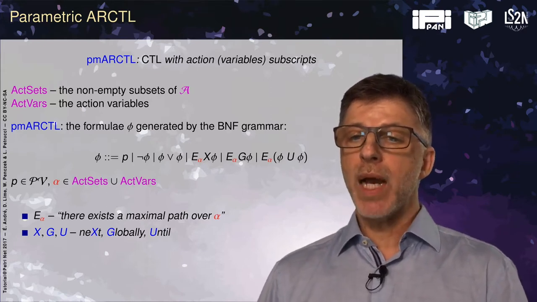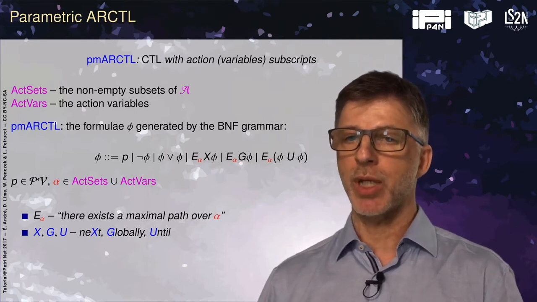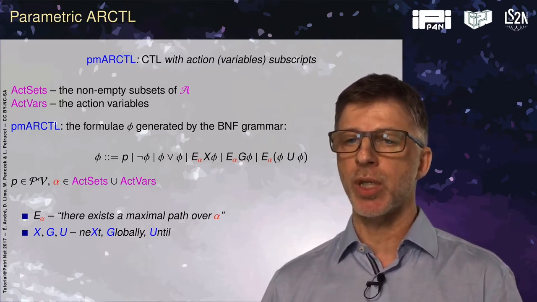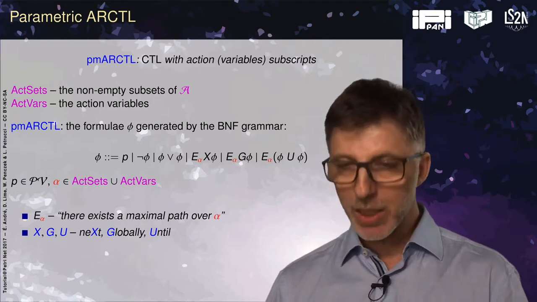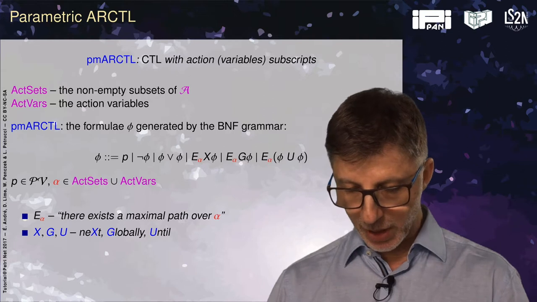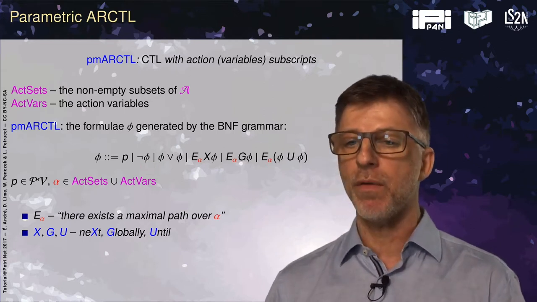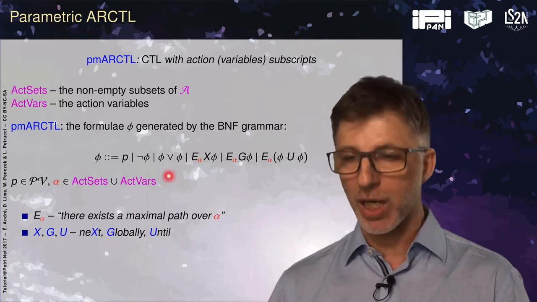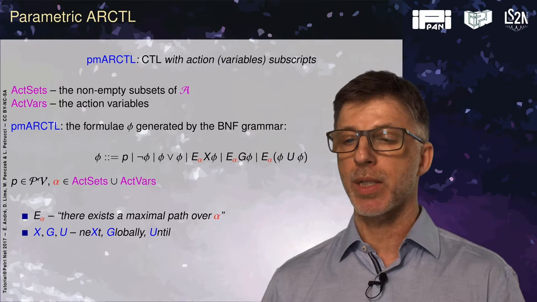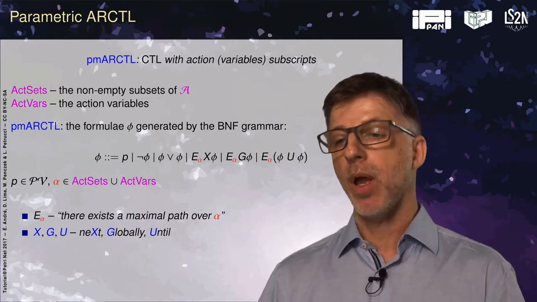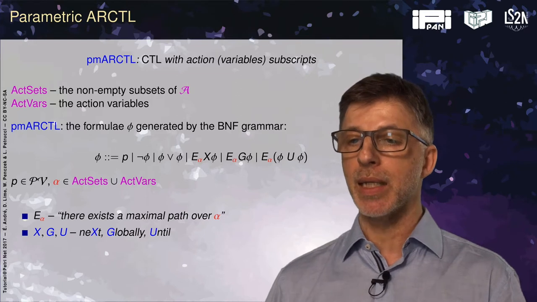The formulas of the language, parametric action restricted computation tree logic, are defined by a BNF grammar. In that grammar you can see that we can use proposition variables, we can use negation of formulas, we have logical OR, and we have three temporal operators: next step, G, which means always, and until.